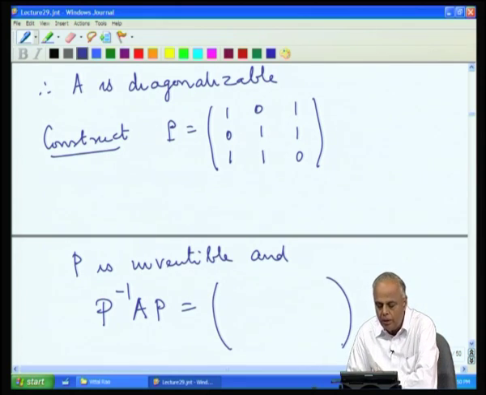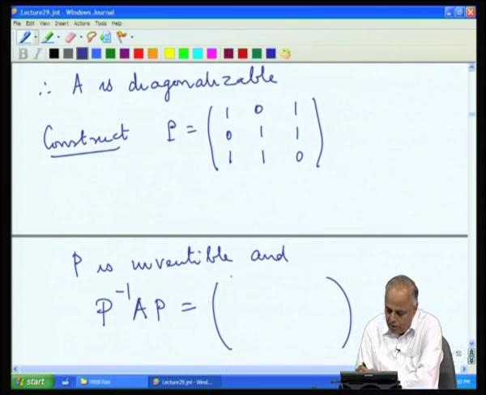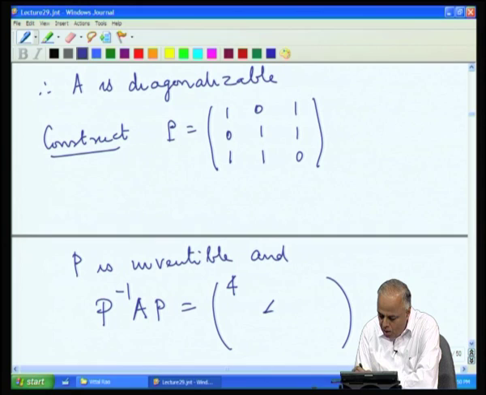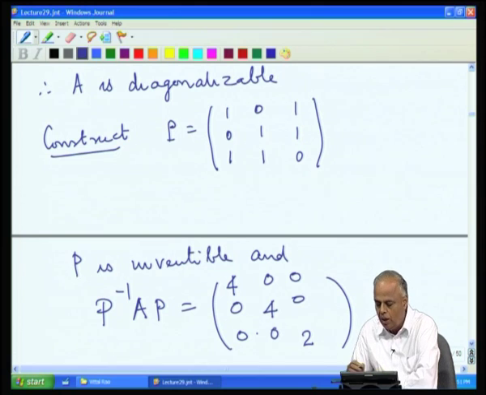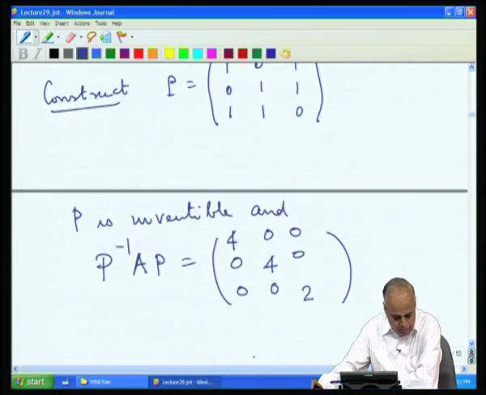Now, what are the diagonal entries? The first column corresponds to the eigenvalue 4, the second column also corresponds to the eigenvalue 4, and the third column of P corresponds to the eigenvalue 2. So, the diagonal matrix we get will be 4 4 2 along the diagonal and all the rest 0.